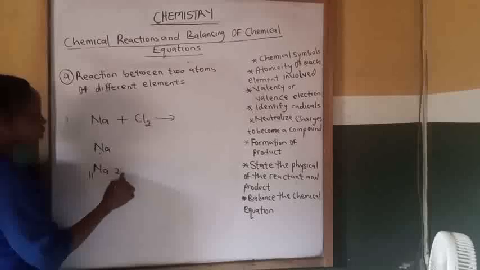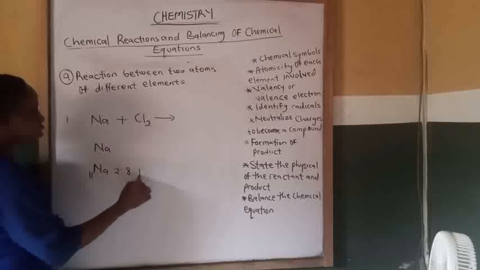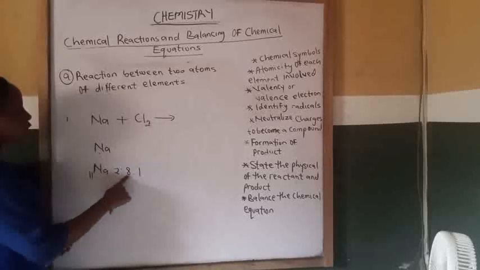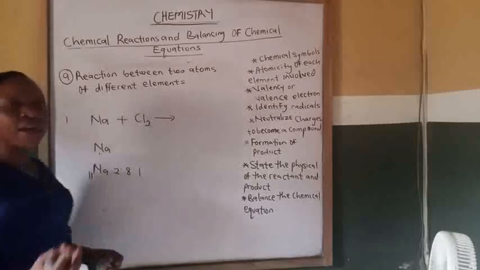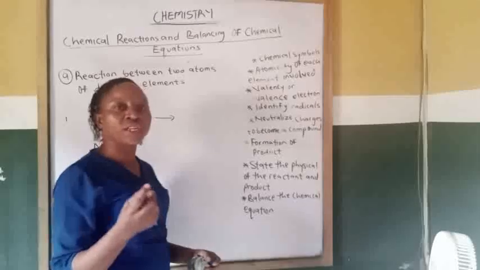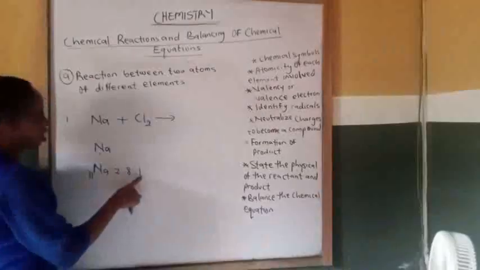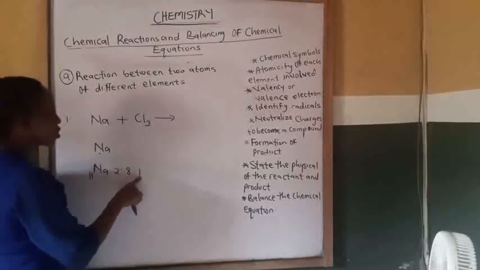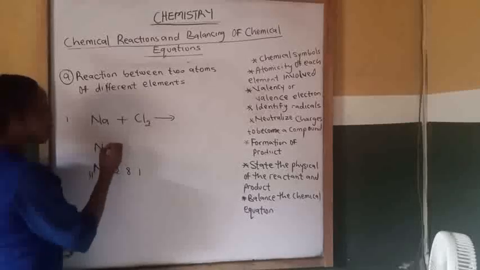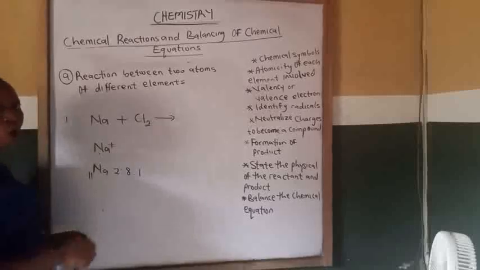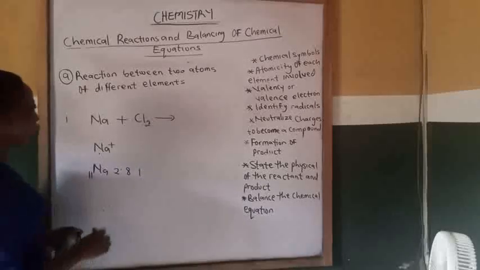The first shell carries 2, the second carries 8, the third carries 1. 2 plus 8 plus 1 gives 11. Those elements with 1, 2 and 3 electrons are positively charged. So the valence electron is 1, and the charge on sodium is plus 1.